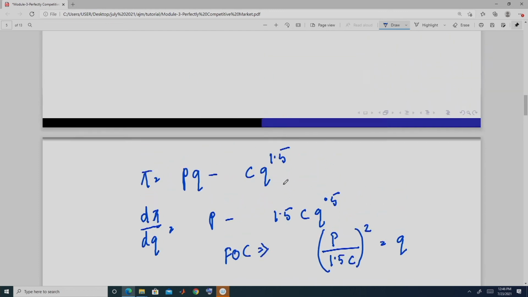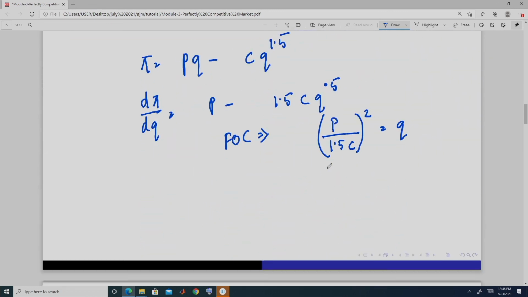Now, we have 20 firms. So, the total supply at price P is 20 into P square. This you can write this. So, this is the supply. Supply of each firm is this, price is equal to this.